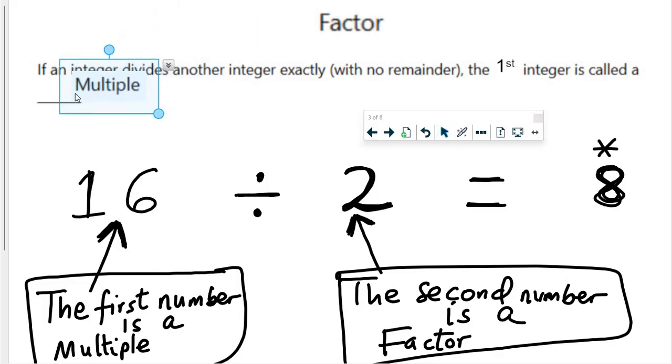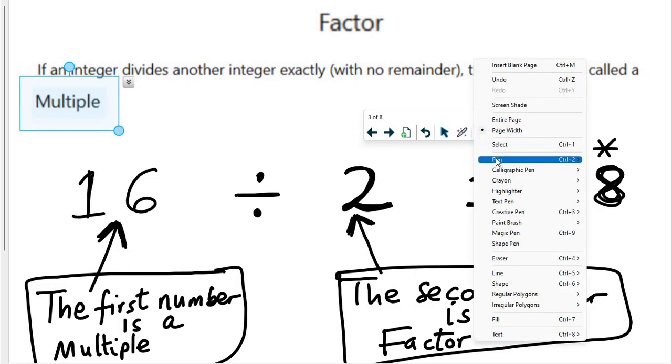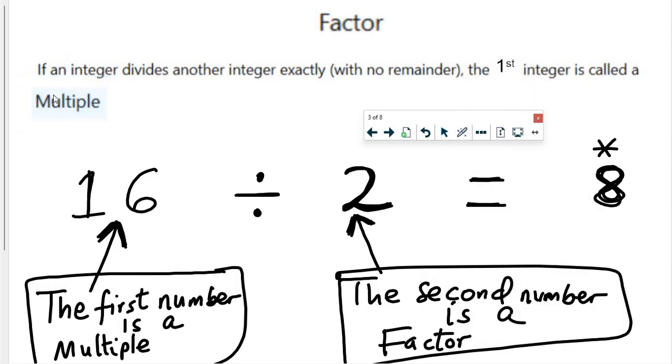Don't confuse here. I repeat, if an integer divides another integer exactly with no remainder, the first integer is called a multiple. The first integer is a multiple of the second number.